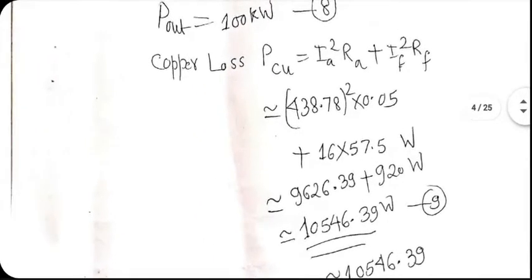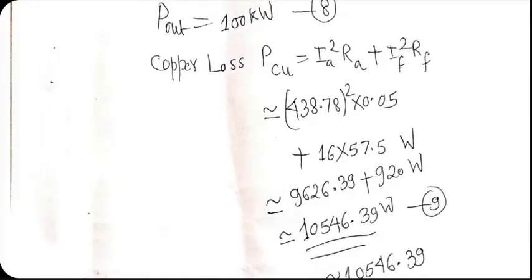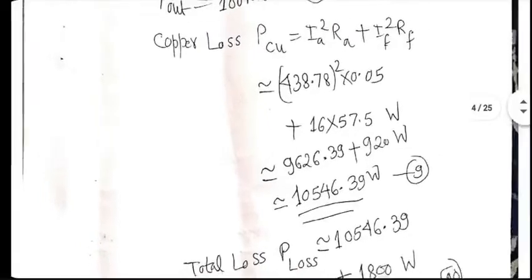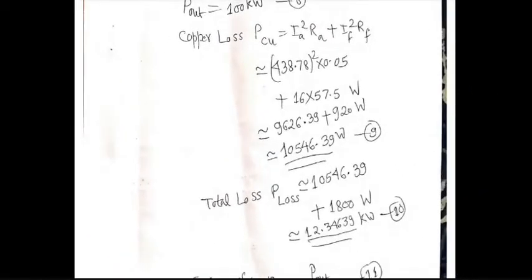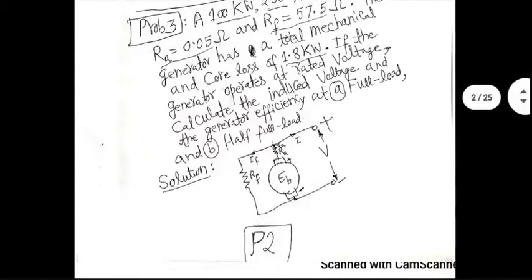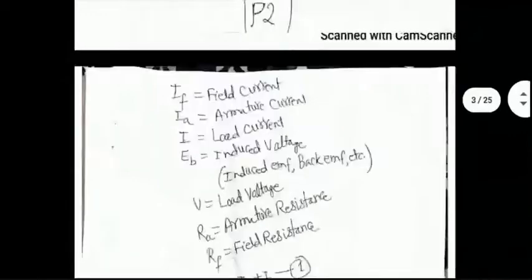The total copper loss turns out to be 10546.39 watt. And iron losses are not given, so we will ignore them completely. But mechanical losses are given, so they have to be added to copper losses to get the total loss in the machine, which is the mechanical loss, 1.8 kilowatt, so 1800 watt.